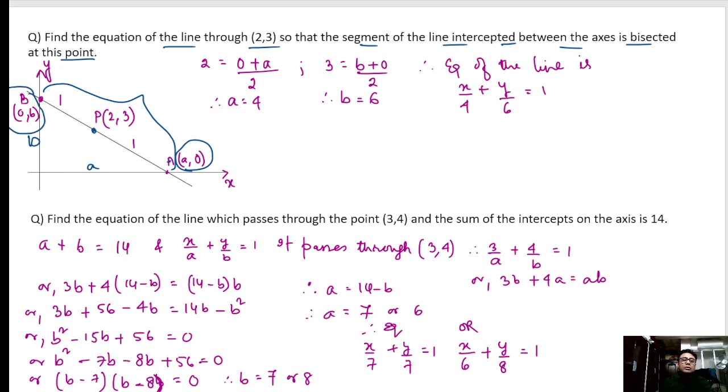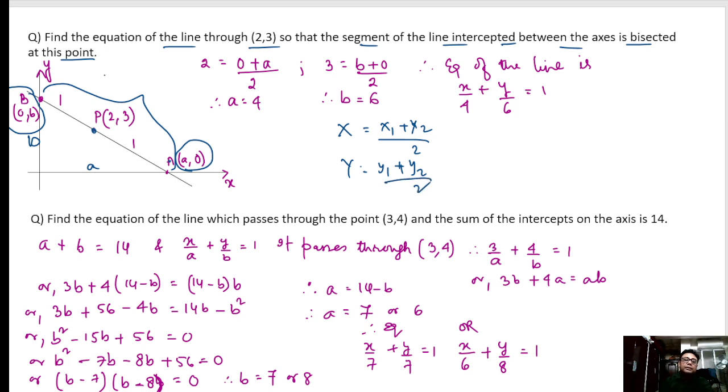Because this is bisected, we know how to find the x and y of the bisecting point: (x1 + x2) by 2 and (y1 + y2) by 2.